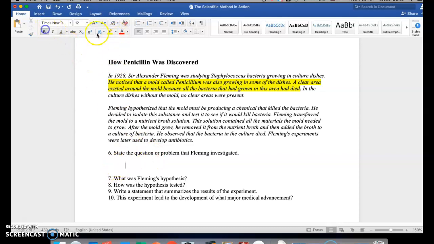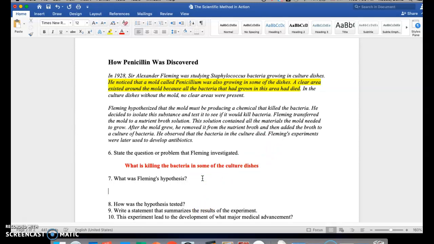Well, my opinion is, what he is trying to find out is what is killing the bacteria in some of the culture dishes. Okay, so let's move on.